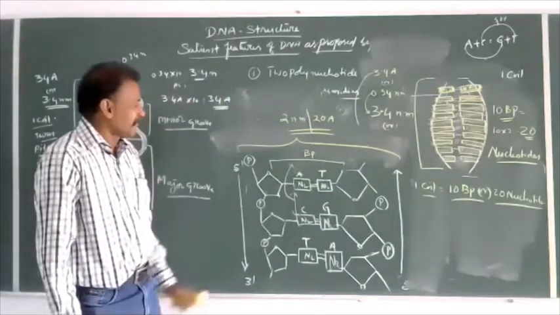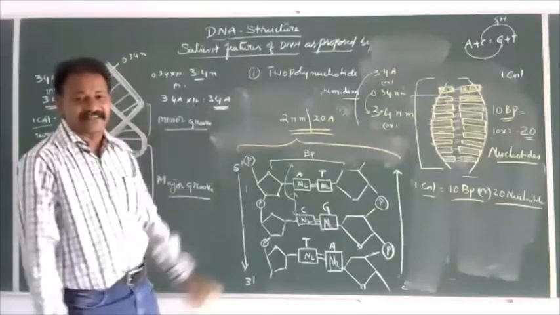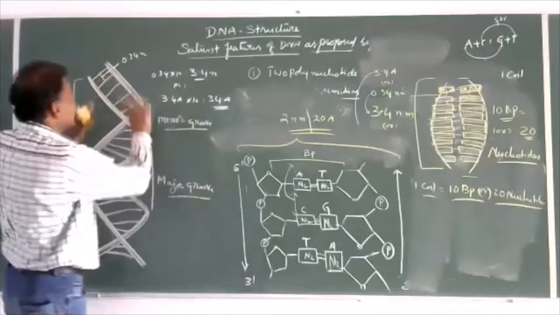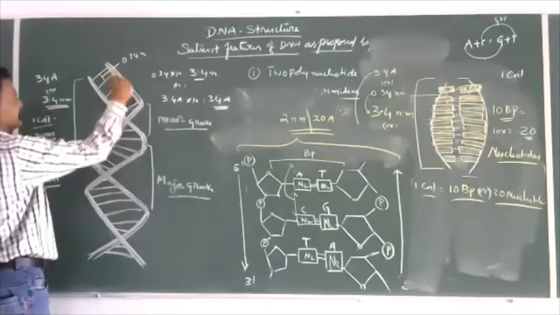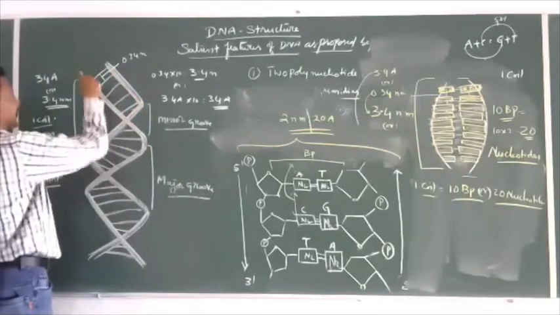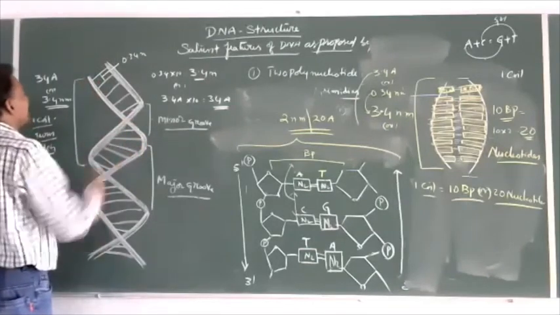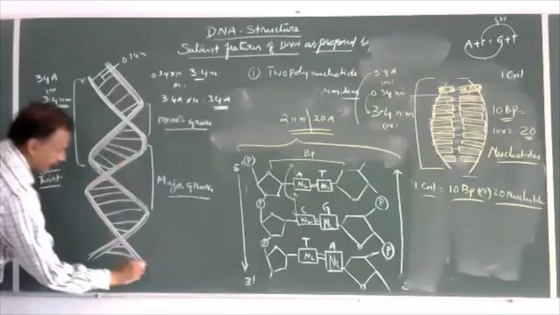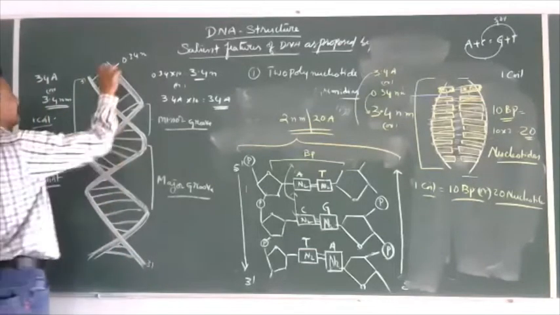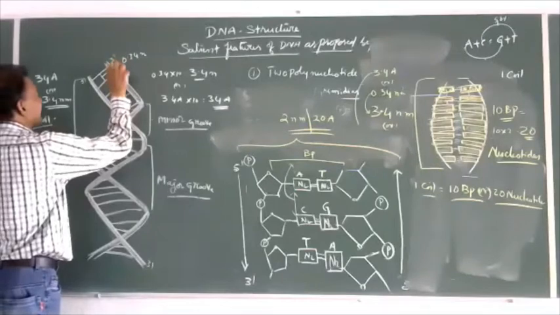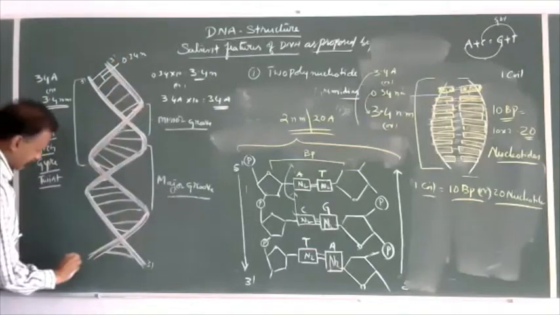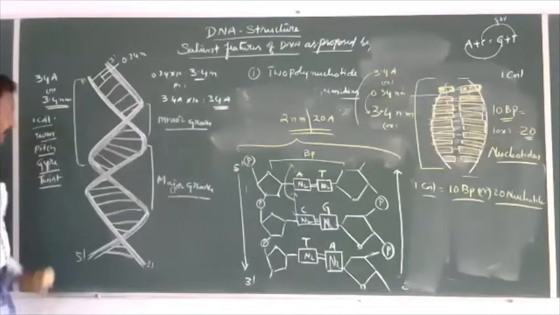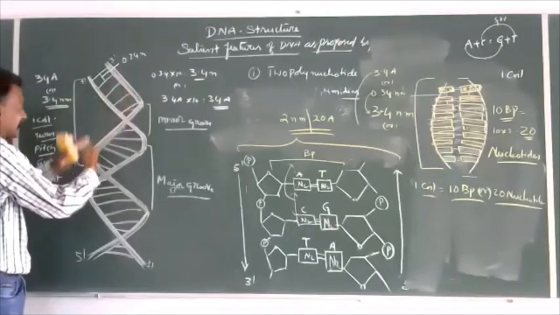And when they were giving the salient features, they observed this. This is one strand, another strand. Here, if it is 5 prime, the other is 3 prime. So both are opposite and twisted.